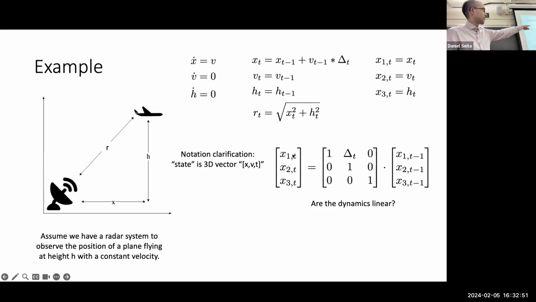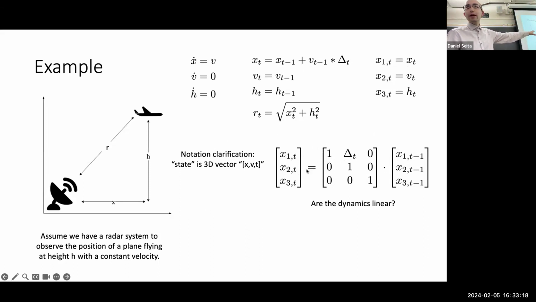If you do the matrix algebra, you get x1 comma t is equal to x1 comma t minus 1 plus this term, which is really the prior velocity. Right?